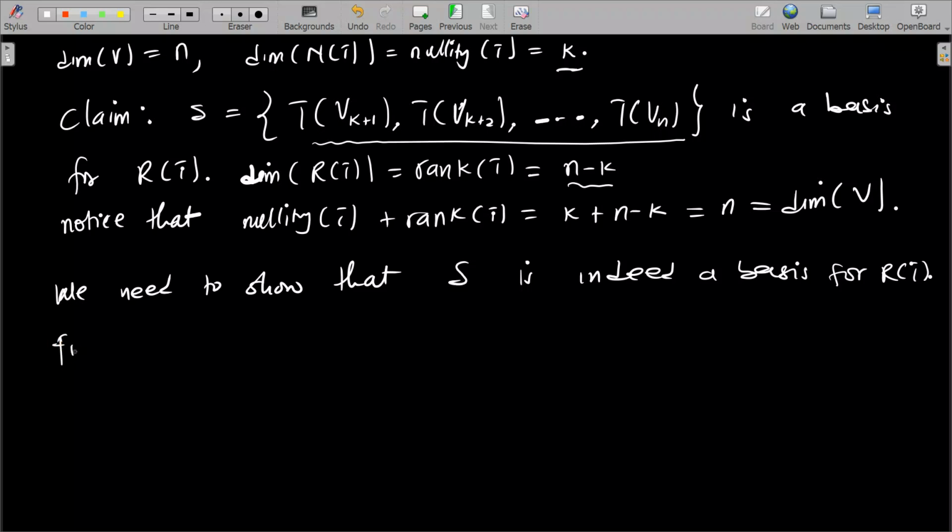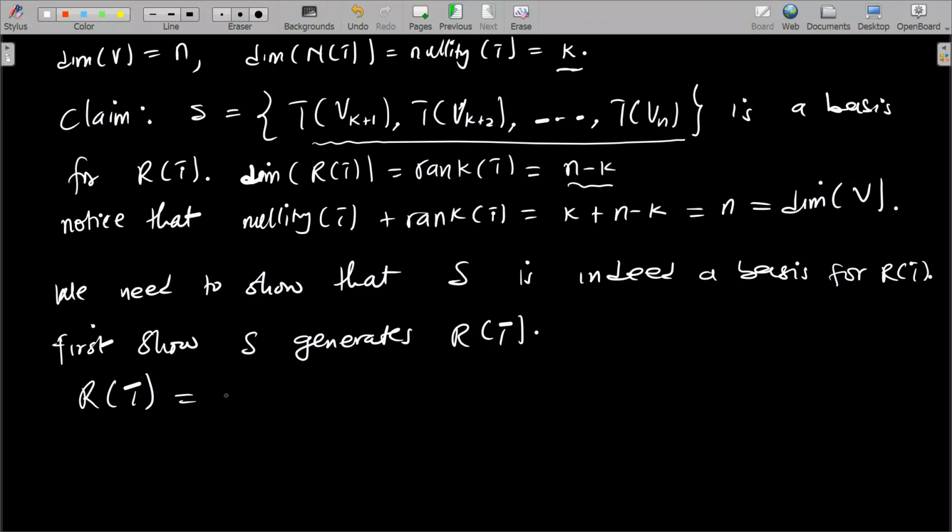First, show S generates R of T. Right? So how do we show it? From our previous video, we know that for a linear transformation and the basis for V, the range of T is equal to the span of T of beta, right?